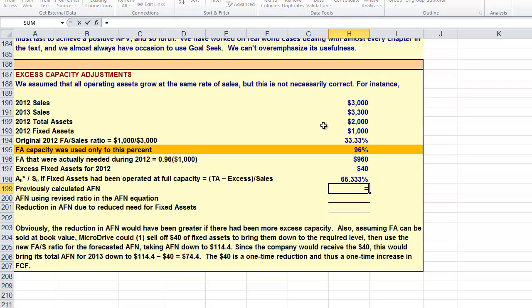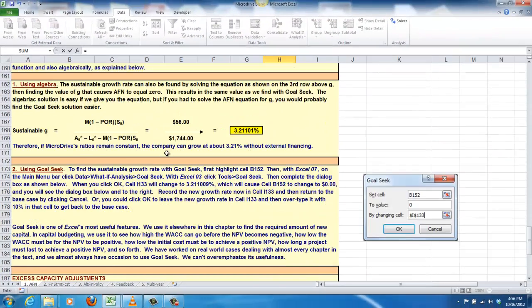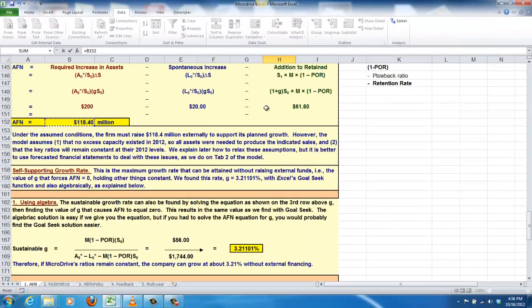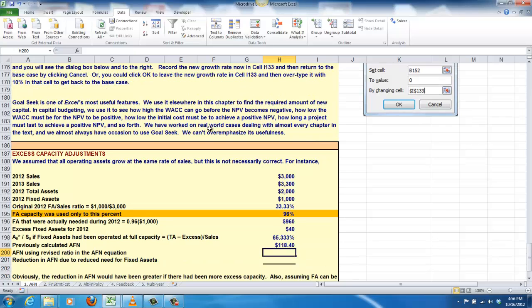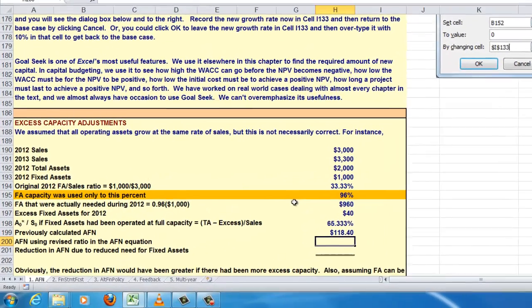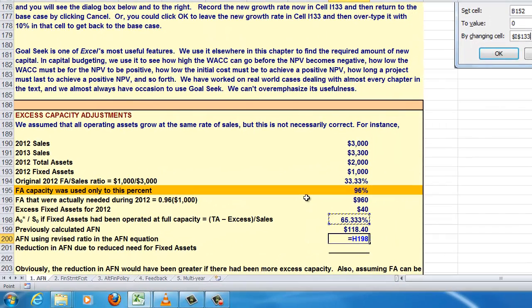Our previously calculated additional funds needed were $118.4 million. Our revised amount would be equal to our 65.333 multiplied by our sales.